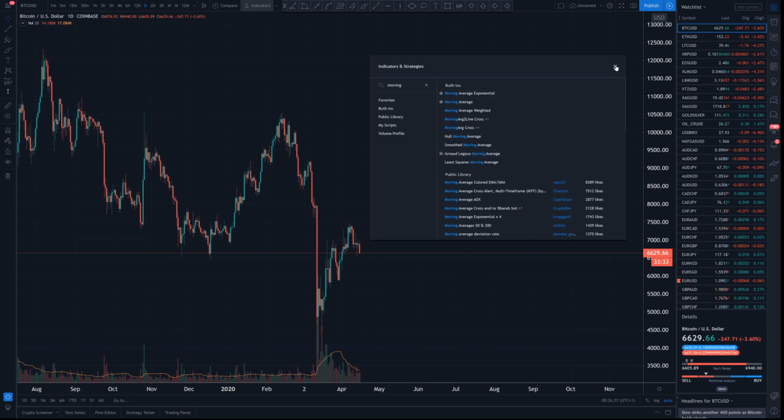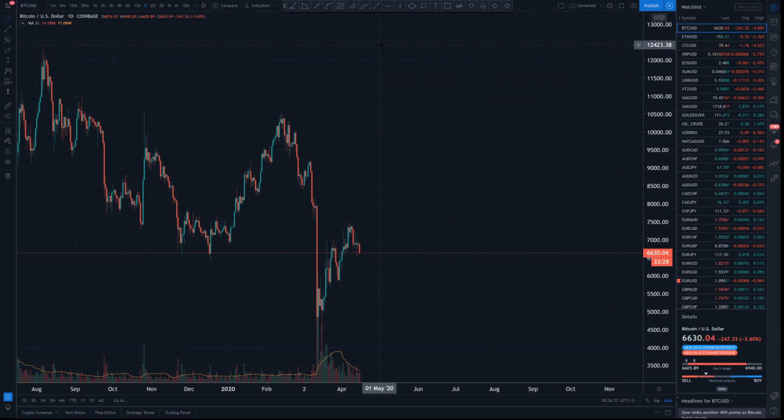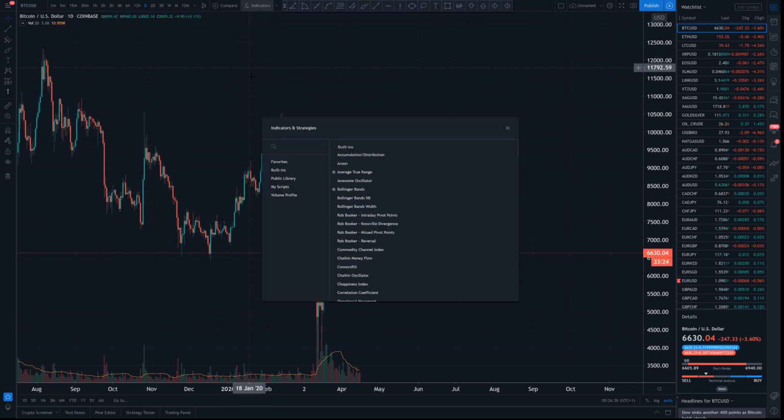So we will close this out, and I will go and add my indicators to my chart. Typically, I will have 3 moving averages for my 200, 100, and 50.